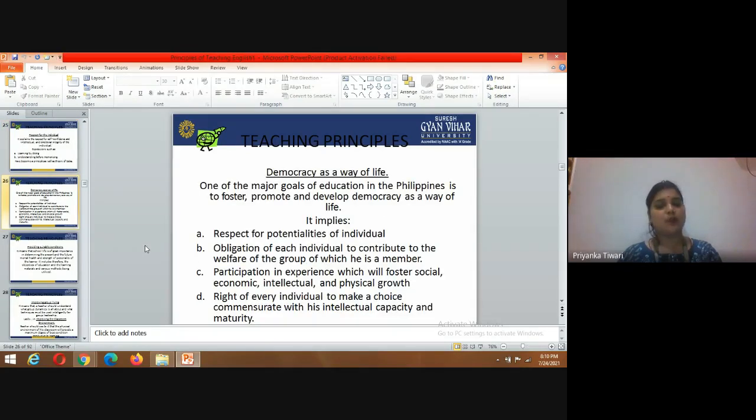Democracy as a way of life: one of the major goals of education in the Philippines is to foster, promote, and develop democracy as a way of life.